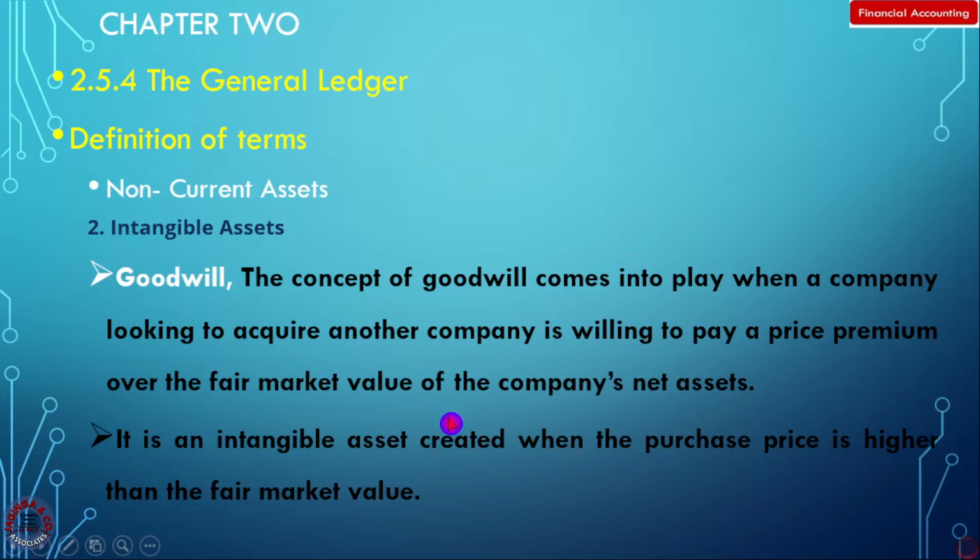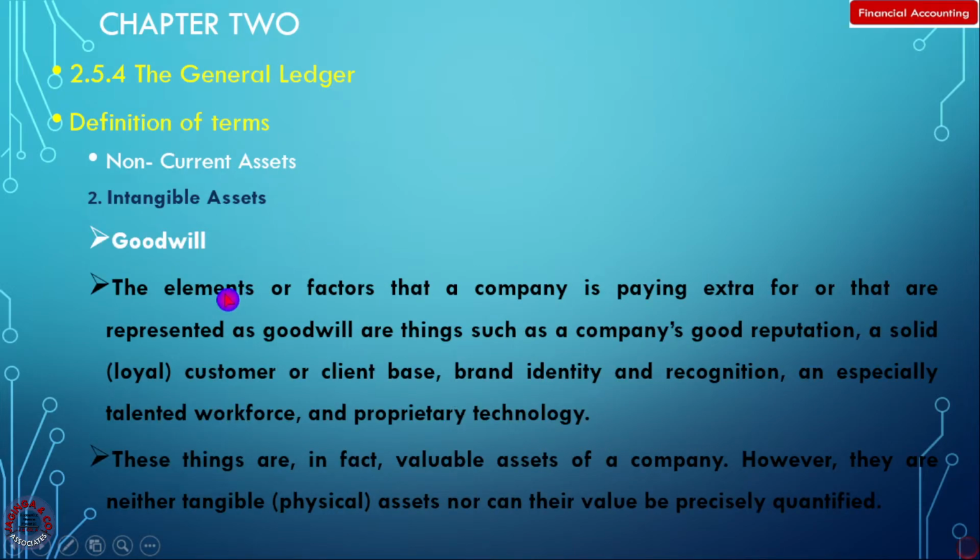So again, we are saying that the elements or factors that a company is paying extra for, or that are represented as goodwill, are things such as a company's good reputation, a solid, loyal customer or client base, brand identity and recognition, and especially talented workforce and proprietary technology. So this is what forms the goodwill.